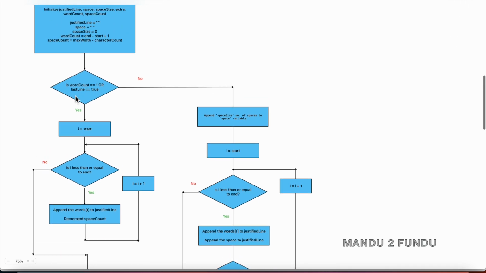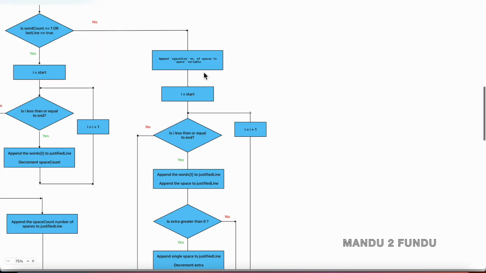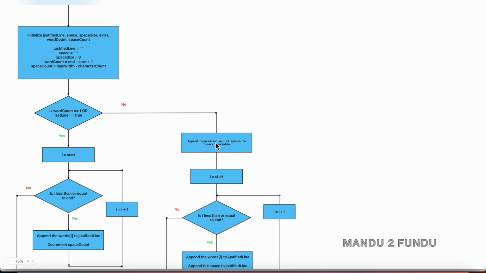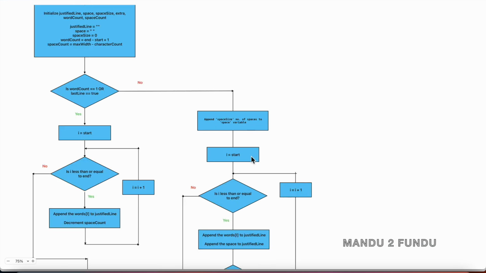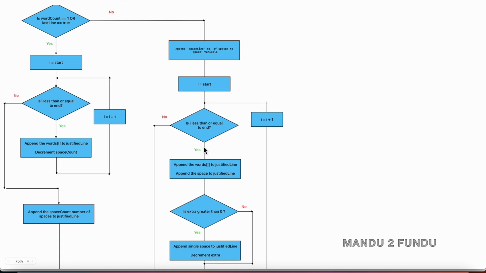Okay, so if this is not true, that means we are processing a multi-word line and also that is not the last line. So in this case, first we have to create a string that contains space size number of spaces. Okay, because we have to evenly distribute the spaces, so that's why we have to add space size number of spaces to the space variable, and then in each iteration we have to add that space string between the words.